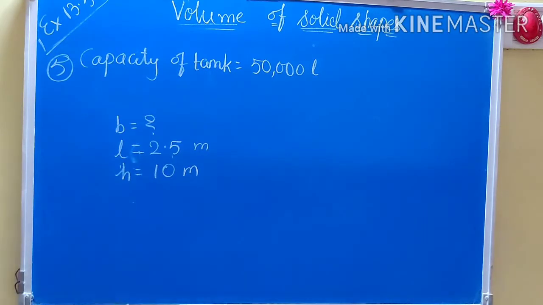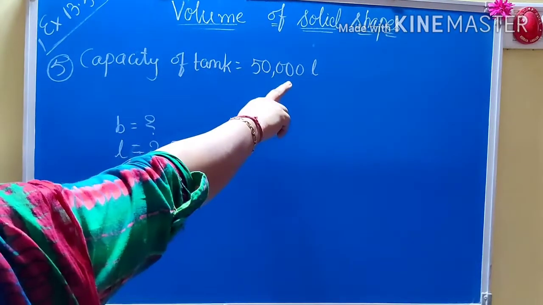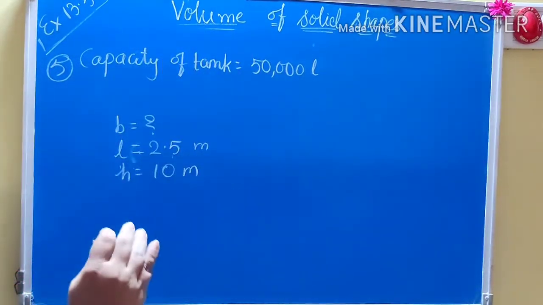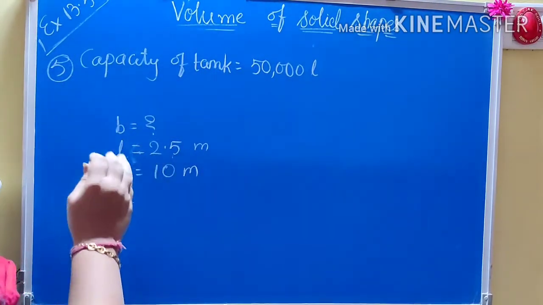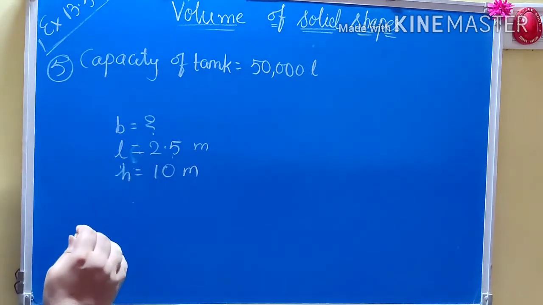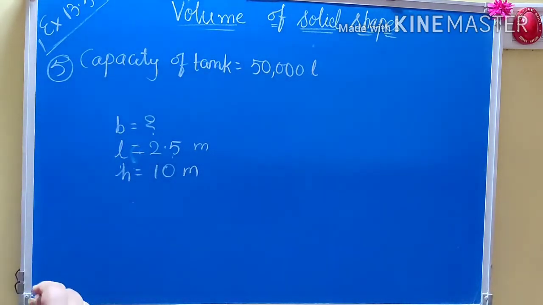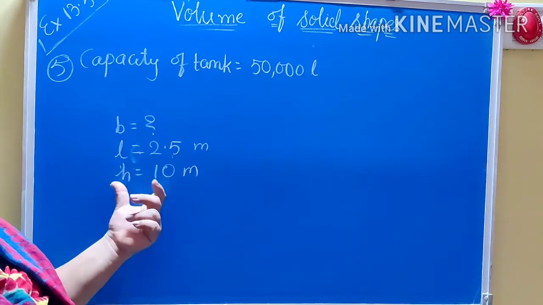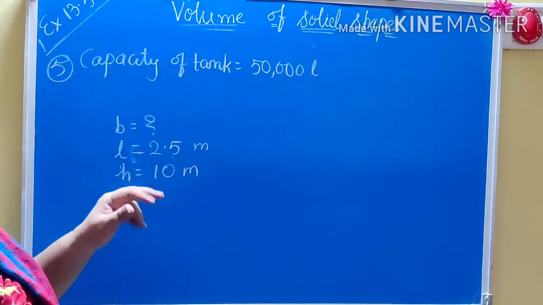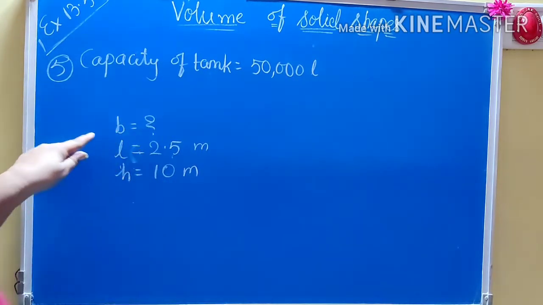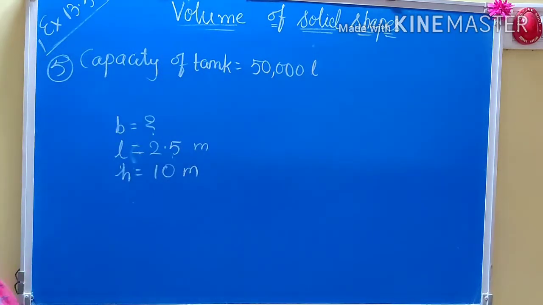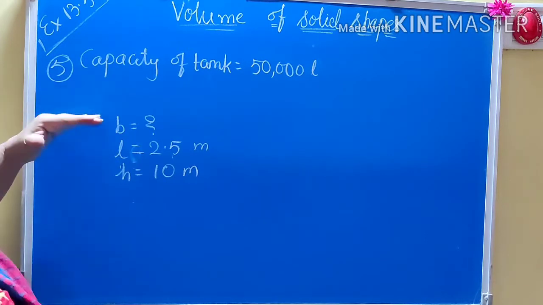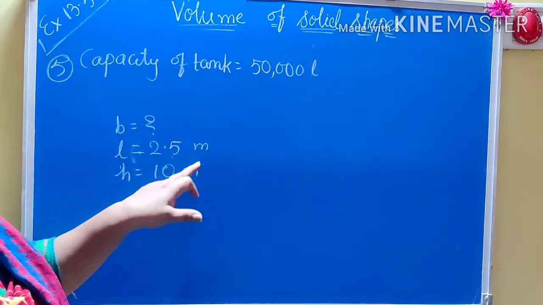Understood, children? In question number 5, it is given that the capacity of a cuboidal tank is 50,000 liters of water. Find the breadth of the tank if the length and depth of the tank are respectively 2.5 meter and 10 meter. Depth is nothing but the height of that tank. We have to find the breadth. Here the capacity of the tank is given in liter, while the other dimensions are in meter.